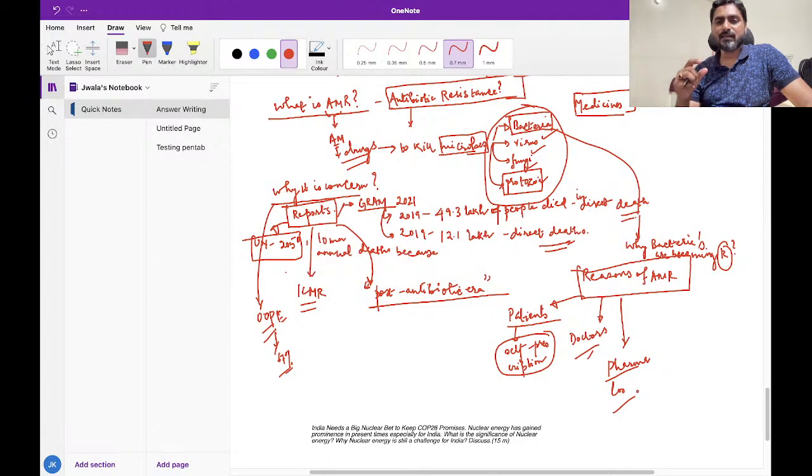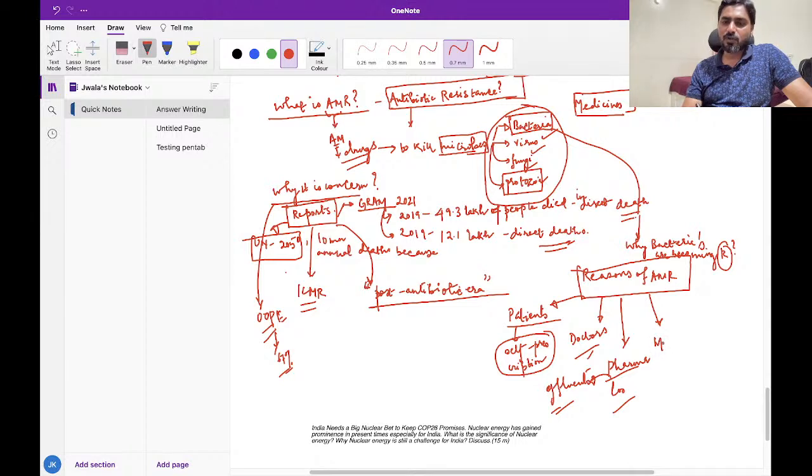Now if these bacteria, virus, fungi and protozoa are left in wastewater without treatment, then they can again multiply, regain strength, and again become resistant to the antibiotics. So if the effluents are not treated well by the pharma companies, then this could be a problem.